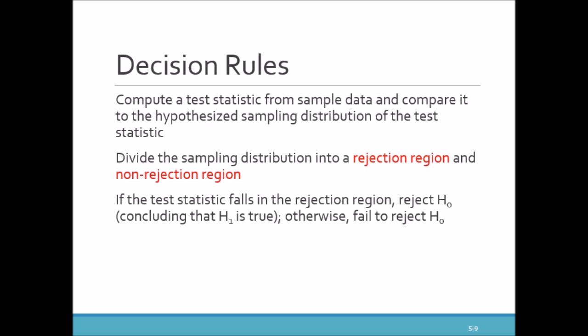So the decision rules. We need to decide whether to reject or accept the null hypothesis, and this is based on computing a test statistic from sample data that is a function of the population parameter of interest, and we compare it to the critical value, or alpha, from the hypothesis sample distribution.